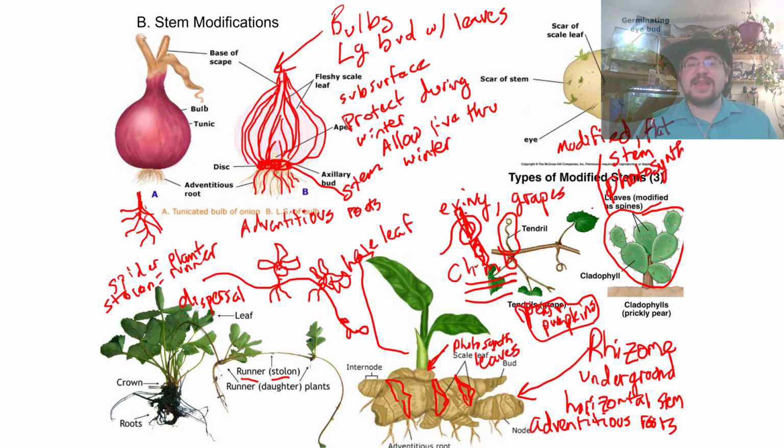So a modified flattened stem that is photosynthetic. That means that the needles on a cactus are actually derived from the leaves, right? The big, thick photosynthetic parts of the cactus are modified stems, and the needles are modified leaves. So that's kind of cool.